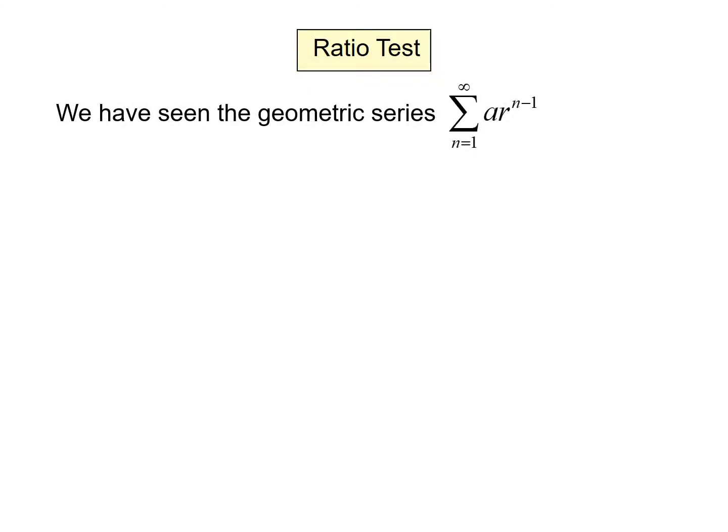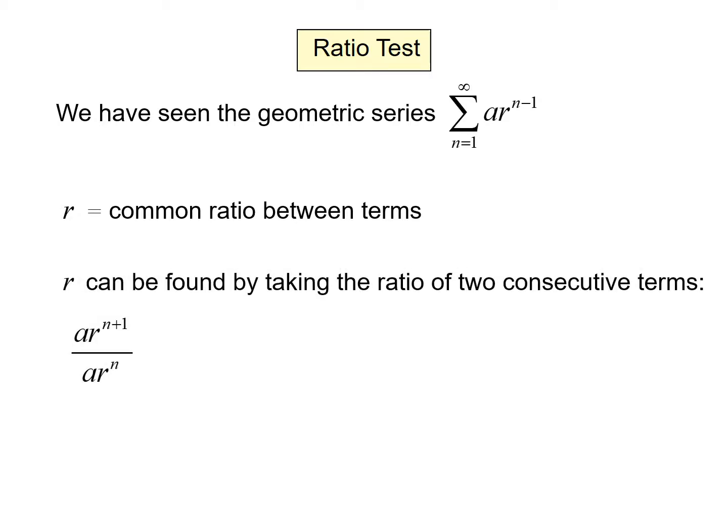Okay, so here's the ratio test. Start with reminding ourselves of the geometric series. We have that common ratio r, and r can always be found by taking two consecutive terms and dividing.